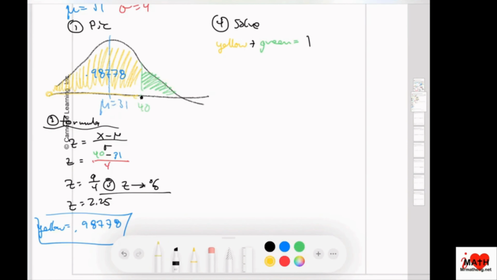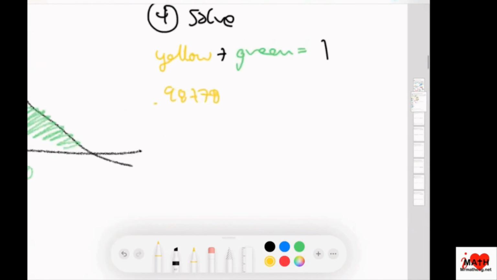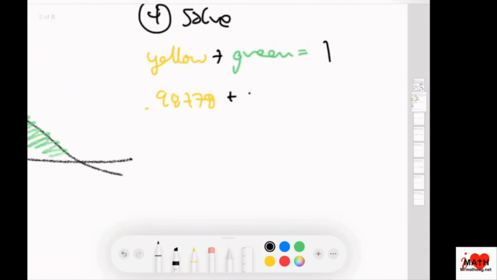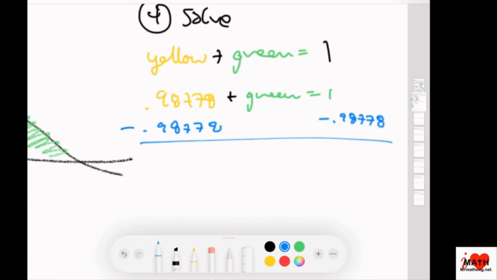The yellow is equal to 0.98778. And if I subtract this from both sides, we're going to get the green area to be 0.0122.